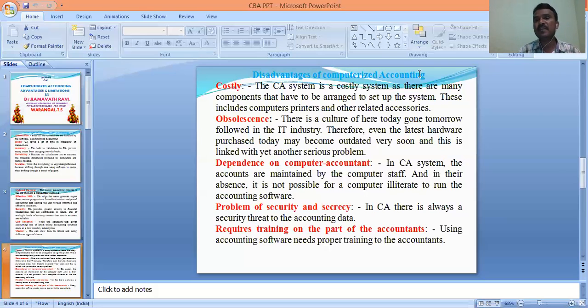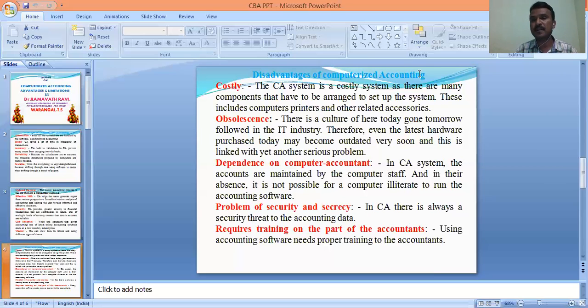And therefore, even the latest hardware purchased today may become outdated very soon, and this is linked with another serious problem in the computerized accounting system, dependency on computer accounting. Dependency will increase in computerized accounting, because only those who know computers can operate it.